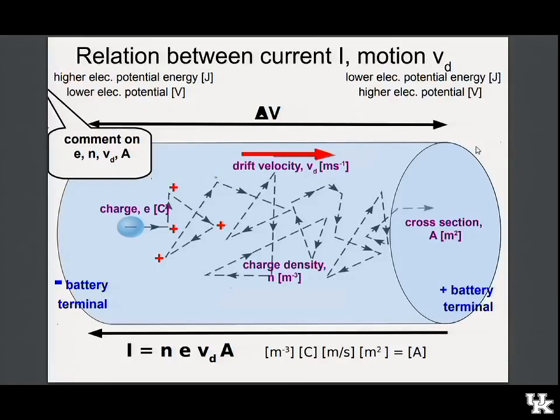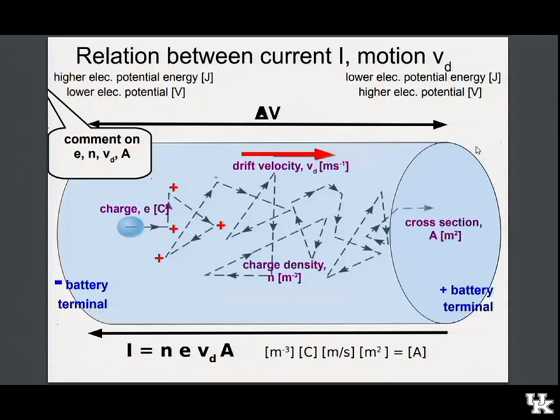So, at the microscopic level, we said that the electrical current is associated with this drift motion of the individual electrons along the length of the wire. You can actually write down an equation that relates the electrical current, remember that's the amount of charge per unit of time, to the motion of the individual electrons.